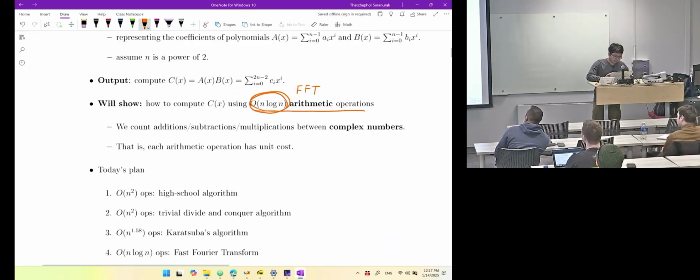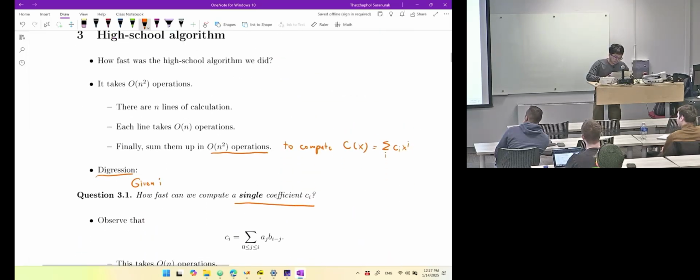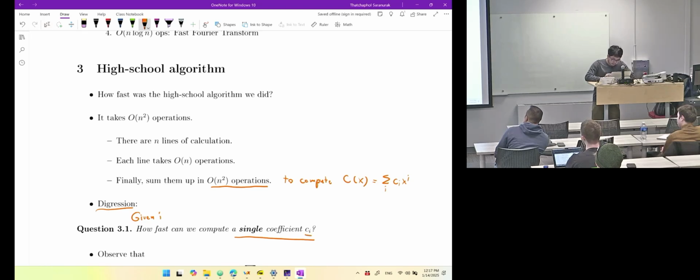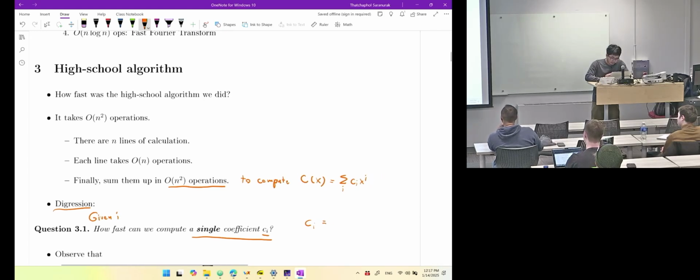What you basically say is that suppose I want to compute ci. So how do you get ci? Ci looks like this.